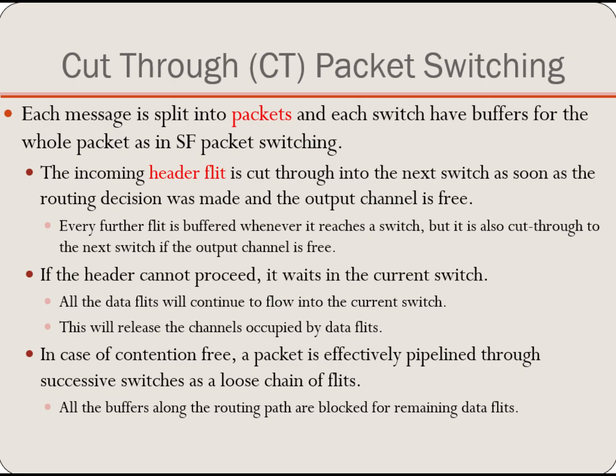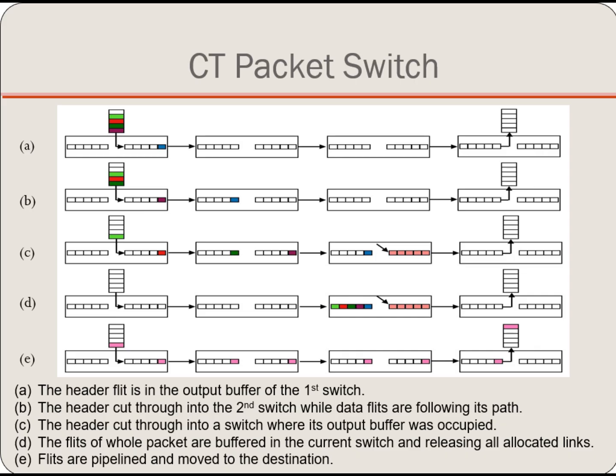Conceptually it's something like this. When the first header comes in, you can make the decision, so the header can be delivered to the next switch immediately if the link is free, and so on.